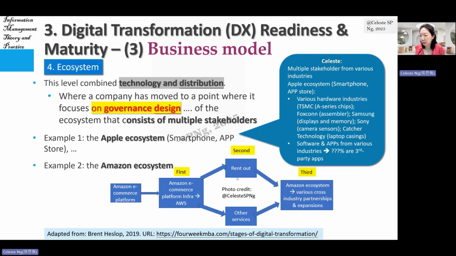And then when it is also able to rent out its platform to other industries, when other players come in, then the Amazon platform becomes an ecosystem, such that we can see there will be various cross-industry partnerships and continuous expansions, and various kinds of self-renewal, reinforcing mechanisms happening in Amazon's ecosystem.